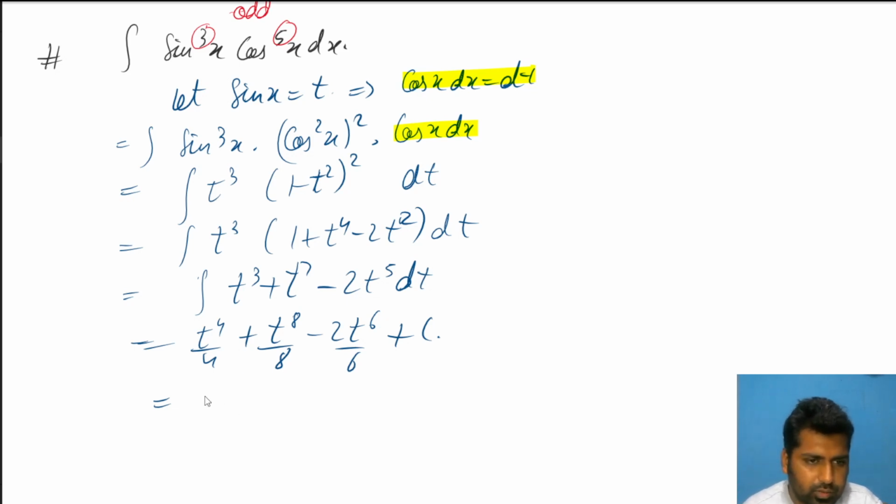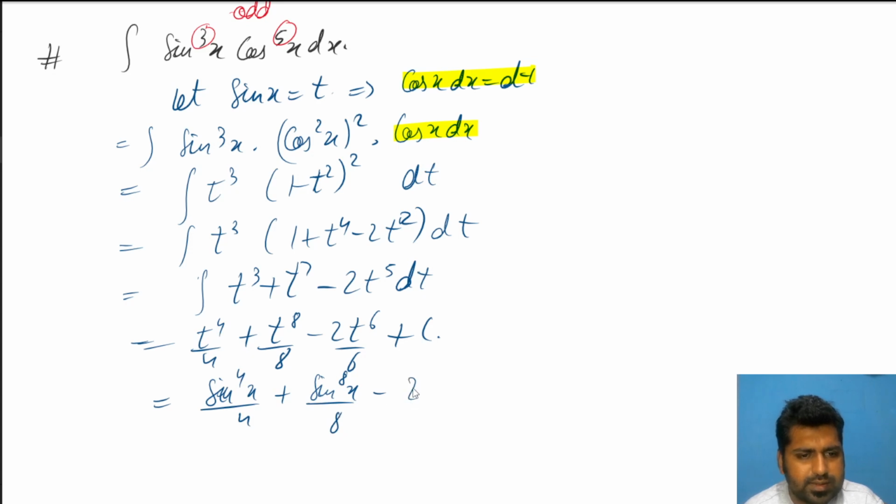Okay, so sine, we have taken sine x as t, na, still same thing now, sine power 4 x by 4 plus sine power 8 x by 8 minus 2 by 6. 2 by 6 can be rewritten as minus 1 by 3 sine x raised to power 6 plus c.